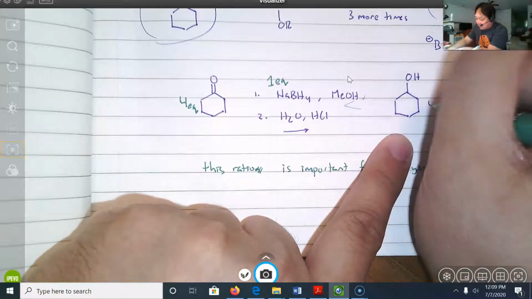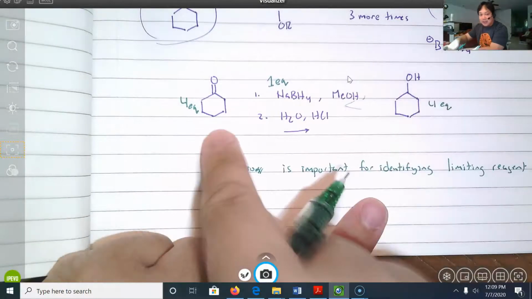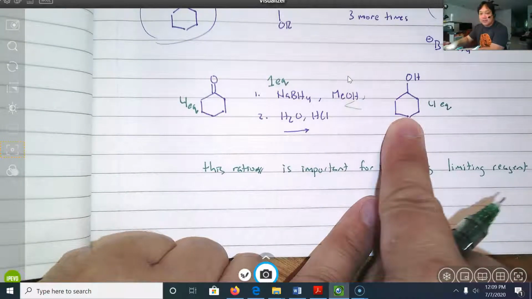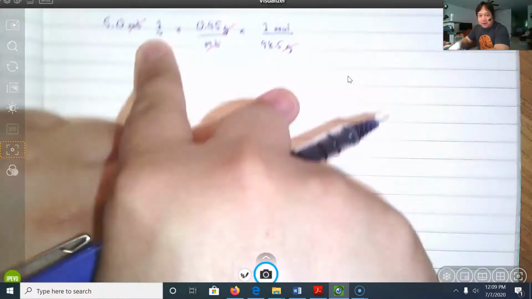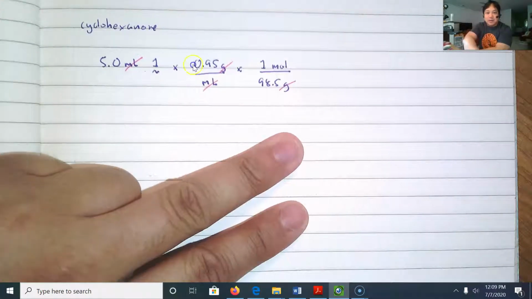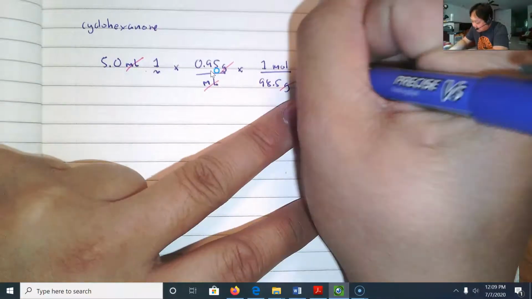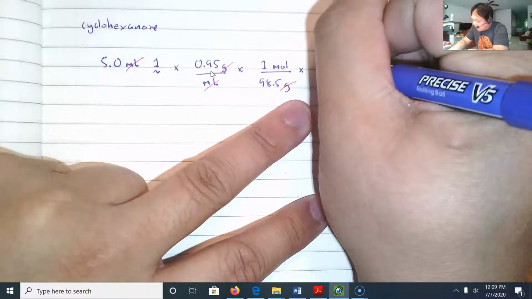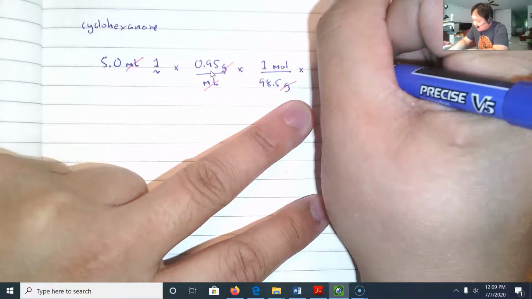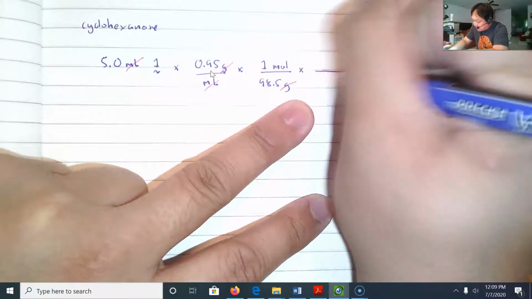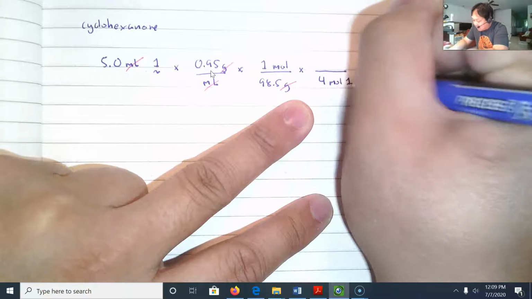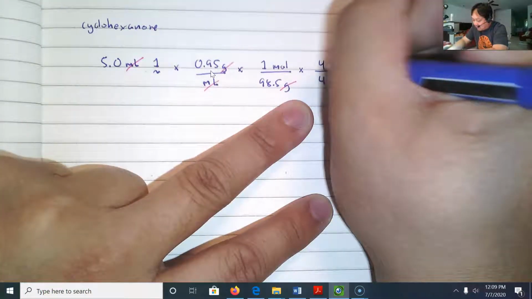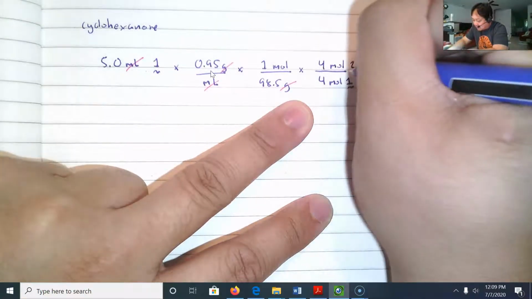I get 4 equivalents, because each one of these turns into a product. So I got to cancel out the 1, and therefore I'm going to say, for every 4 moles of 1, I get 4 moles of 2.